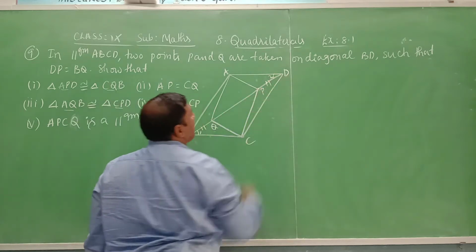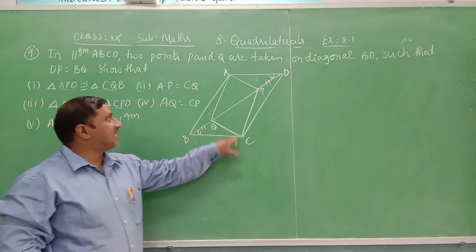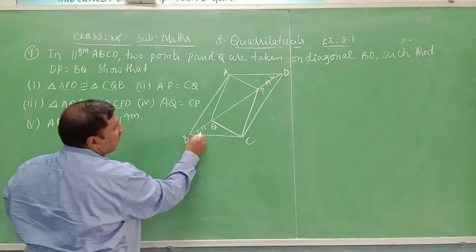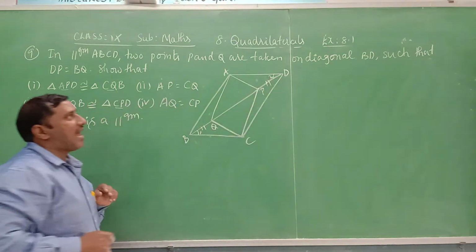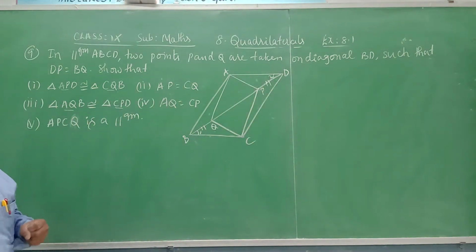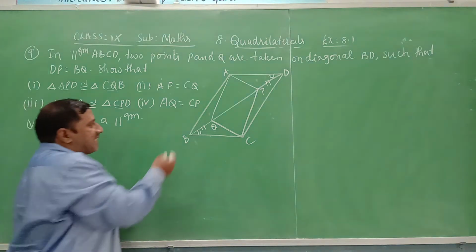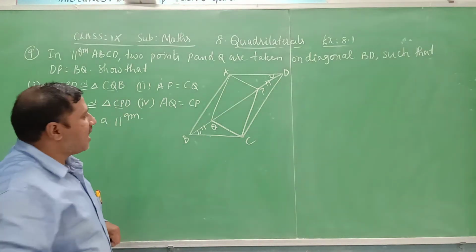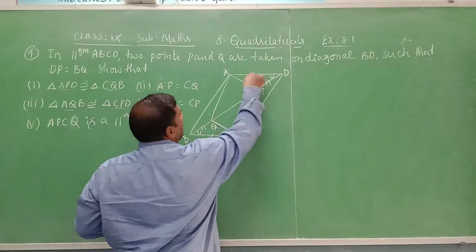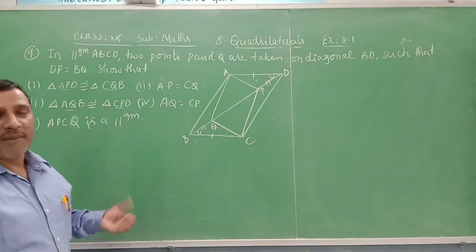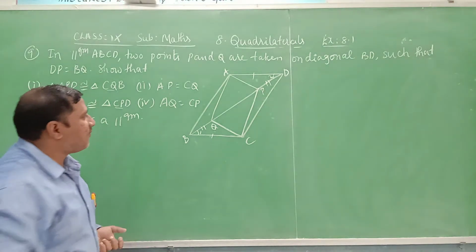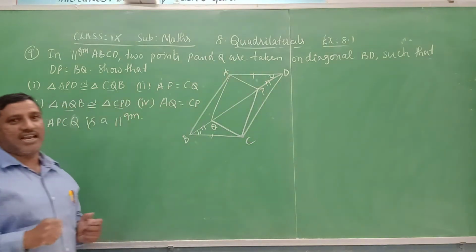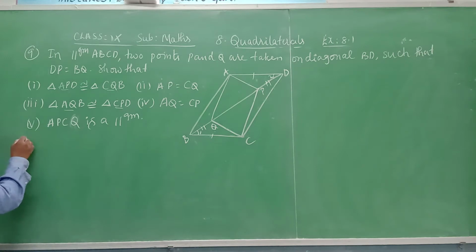Here BC is parallel to AD and BD is the transversal, so angle 1 is equal to angle 2, alternate interior angles. It is given BQ is equal to DP. Now BC is equal to AD, opposite sides of the parallelogram are equal. Therefore, by SAS congruency, the two triangles are congruent.